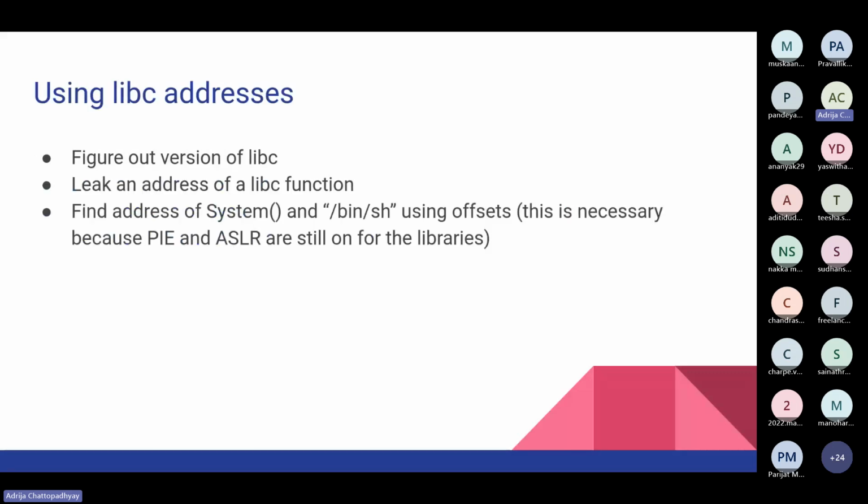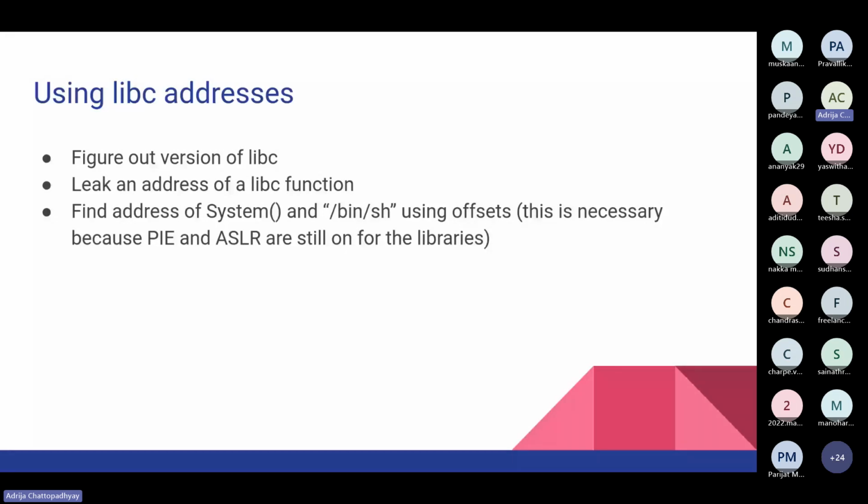The second one is if you don't have a win function within the executable, then you'll be using libc. As in the seventh session, the ret2libc exploit, you would have had to figure out the version of libc. Then usually ASLR will be on, so you have to find out the offsets of all the functions, and using the offsets you determine the address of system.